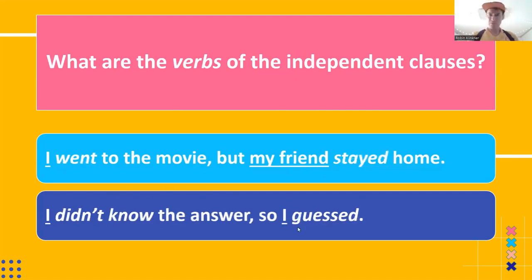All right. Pretty simple. So a simple sentence is just a complete thought, just an independent clause. A compound sentence, at least 2 simple sentences combined using fanboys. For, and, nor, but, or, yet, so.